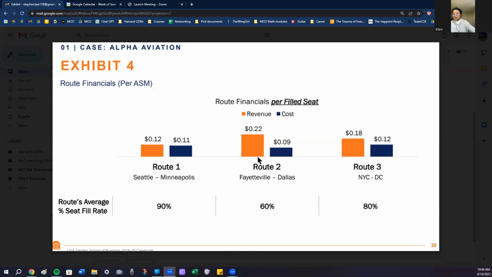Okay. So let me just get together the information that I have. So we have route 1, route 2, and route 3. Each operate 300 days per year.